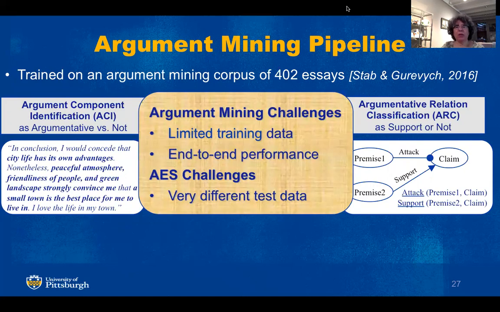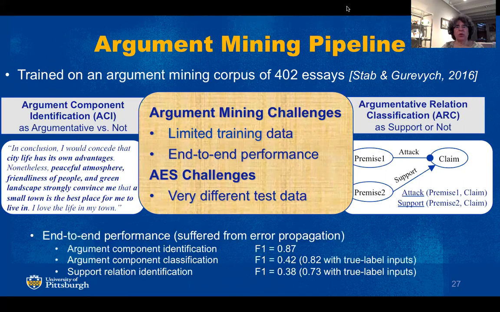From an argument mining perspective, this is quite challenging. 402 essays is not very large, and in end-to-end performance, errors can be propagated, so we would expect that the later components will not perform as well as, for example, the argument relation classification did in the intrinsic study I just presented. And also, just to note, the data that we're going to use to train the argument mining system is not labeled with respect to any essay score, so it's not going to be at all related to the data for the essay scoring part of the work.